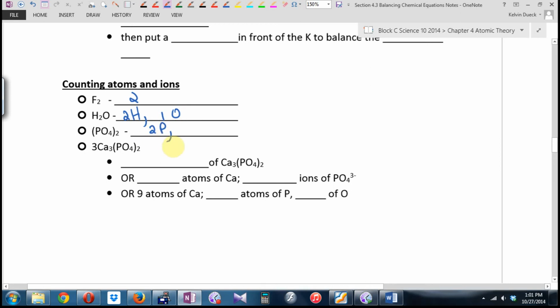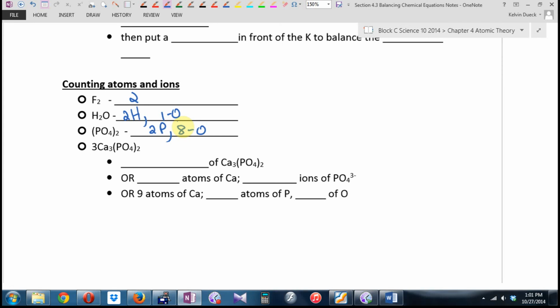How many O's? 8 O's. I'll put a dash so it doesn't look like 80 and 10. You okay with where I'm getting these numbers from? Right? We're multiplying. It's sort of like in math FOIL, sort of, kind of, a little bit.